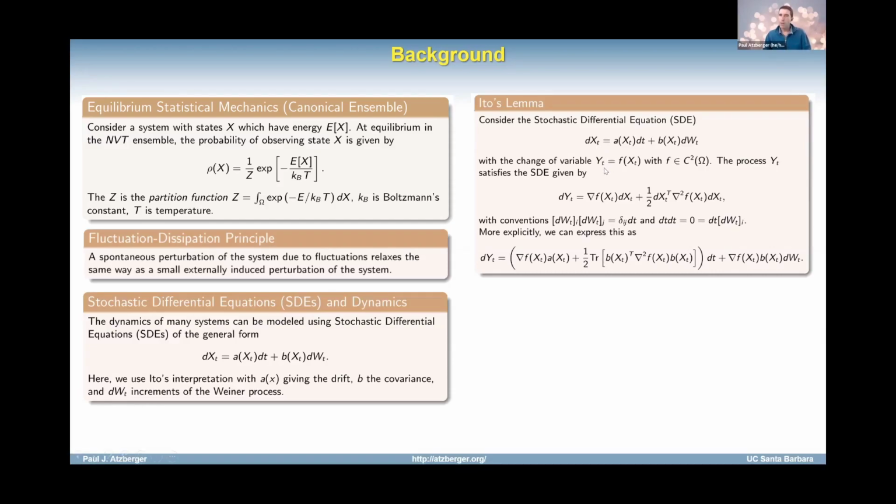I'm going to think about doing a change of variable, or if you like, a projection to a new variable Y_t, which for now I'll make scalar just to keep the math simple to express. Let's suppose that Y_t, you could think of it as an observable, or as some type of change of variable from my original stochastic process X_t. I'll assume that f is twice continuously differentiable. Then the question becomes, what equation does the Y_t satisfy?